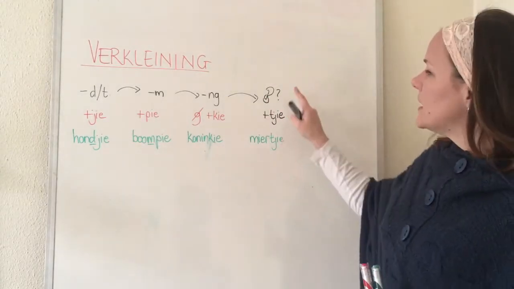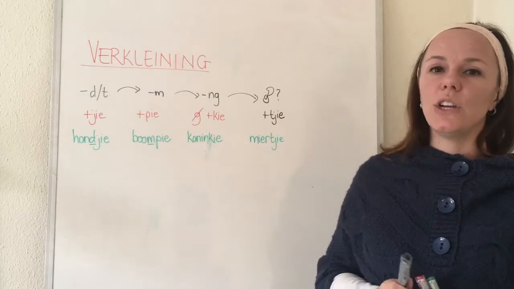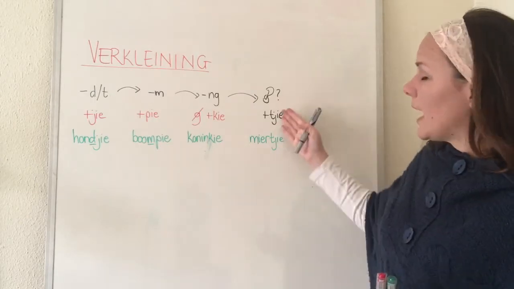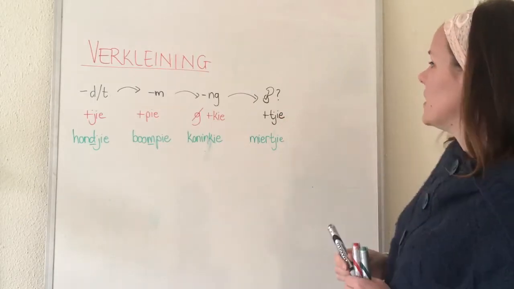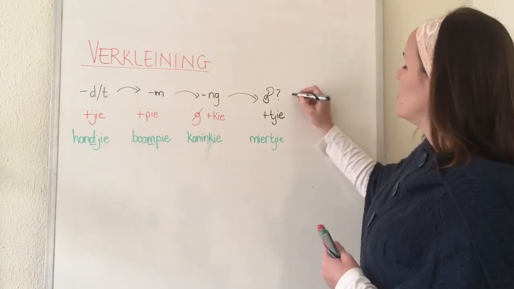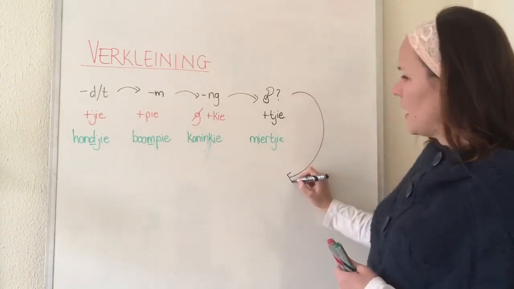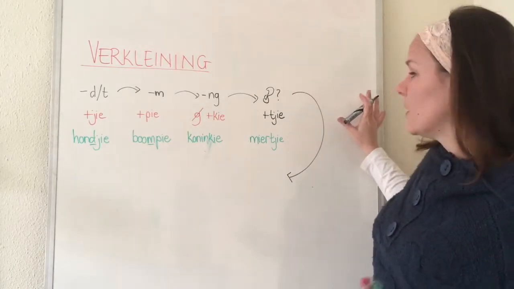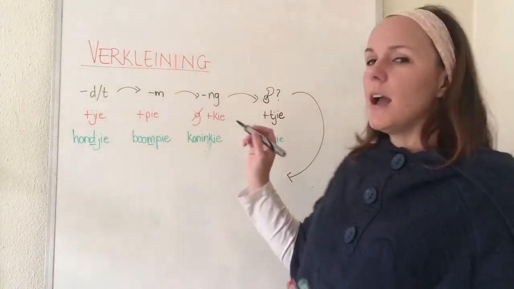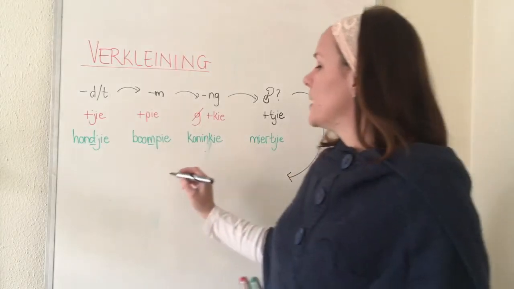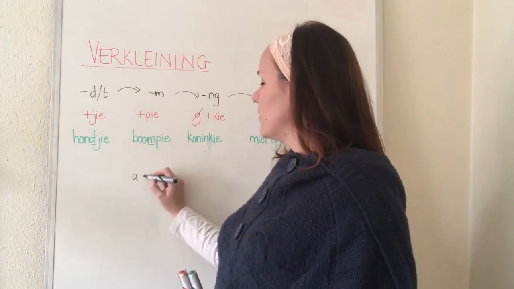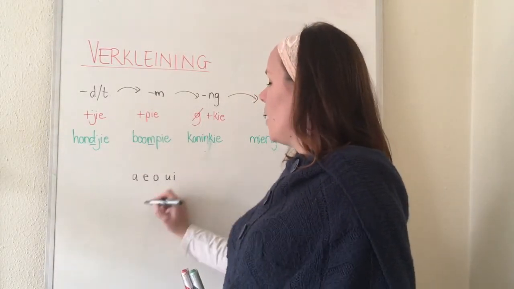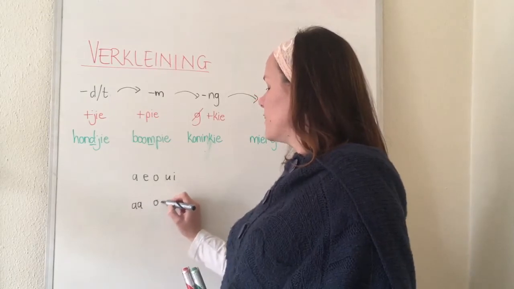Okay, those are the normal rules, and a lot of words will fall in this category. But if it does not sound right to add T-J-I-E, then I'm going to go to the next section. I'm just going to write it at the bottom here. Normally I have a lot of space on my board in the class, then I write it over there. But then I'm going to ask myself, does the word have a single vowel or a twin vowel?